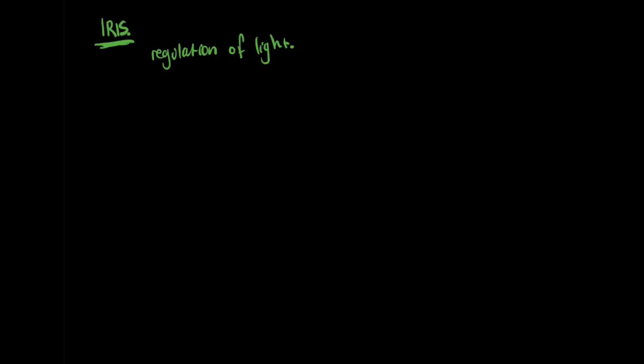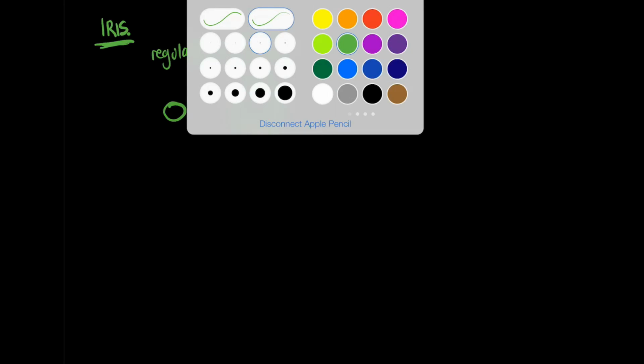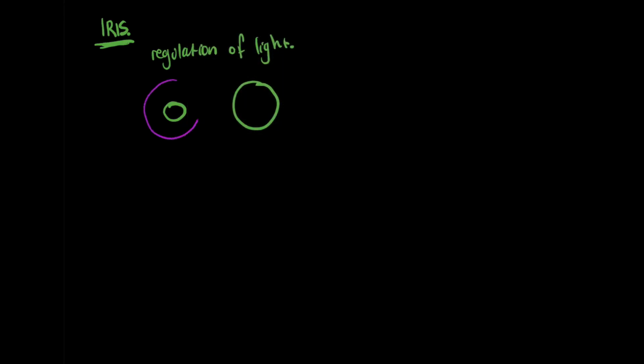The answer is, in a really, really bright room, the pupil is going to be very, very small. In a very, very dark room, it's going to be very, very large. And the eye adapts based on the amount of light that's required. Now, this is controlled by the iris, the muscles around it.